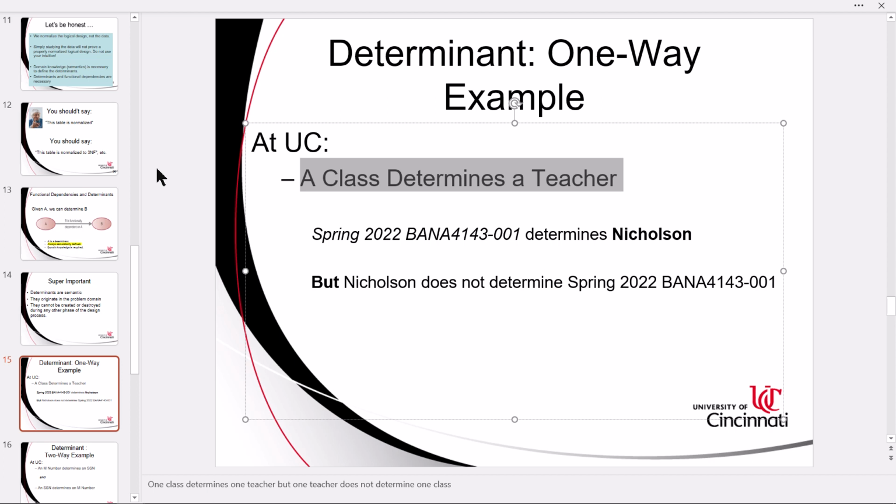Well, because of that, we can say there's a functional dependency between a class attribute and a teacher attribute. I gave an example here. The course Spring 2022 Band of 4143 Section 001 determines the teacher. Now if you flip it around, it doesn't go the other way. If I give you the teacher, you cannot give me the course because a teacher could teach multiple courses.